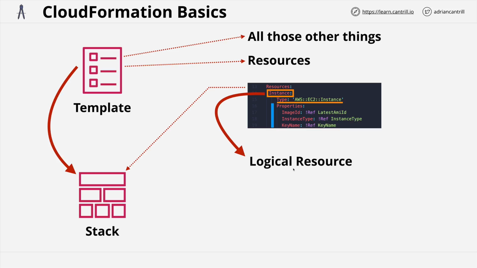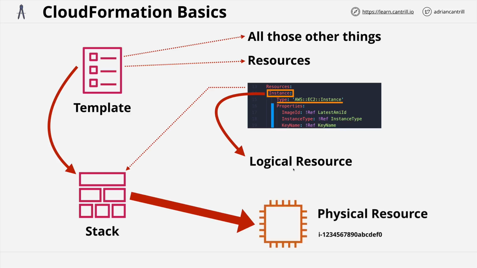Now, this next part is important because it's the whole point of CloudFormation. For any logical resources in the stack, CloudFormation makes a corresponding physical resource in your AWS account. So where in this example the stack contained a logical resource called instance, which is a definition for an EC2 instance, the physical resource is the actual EC2 instance which CloudFormation creates.